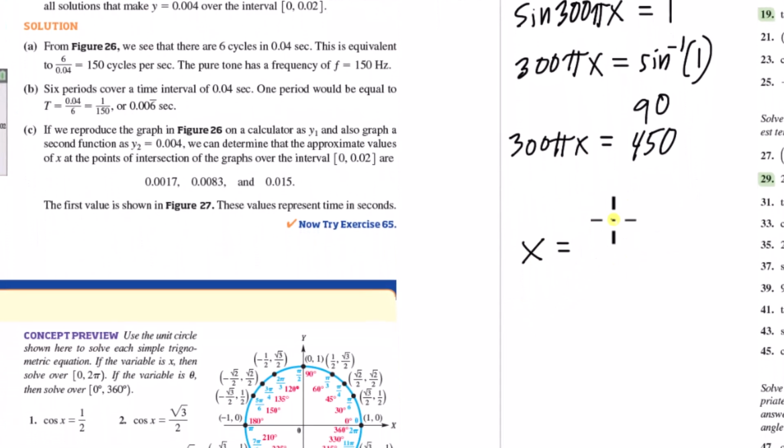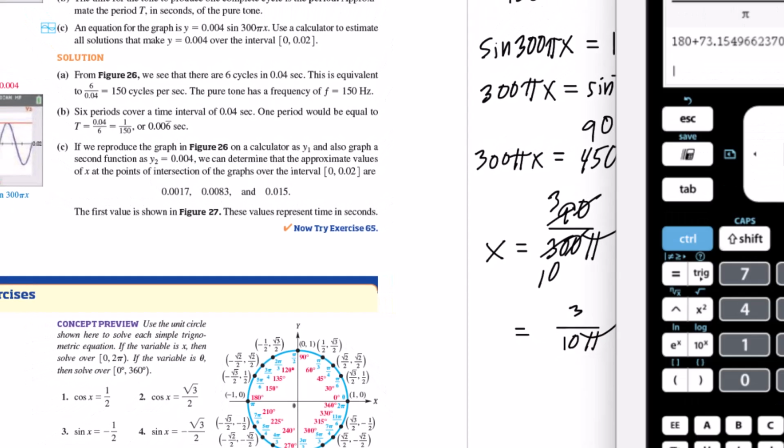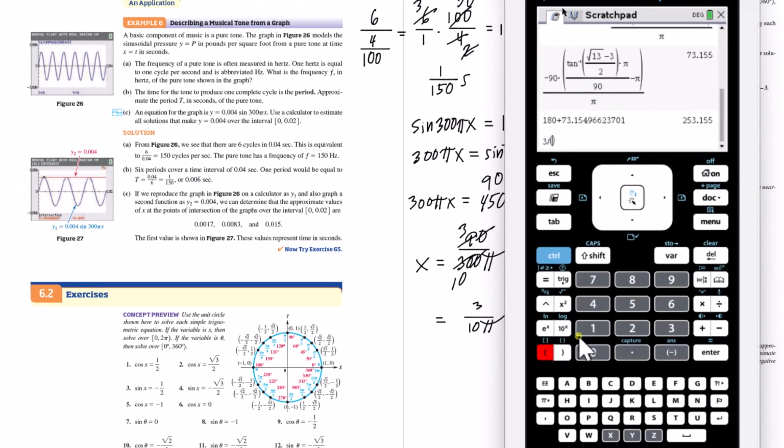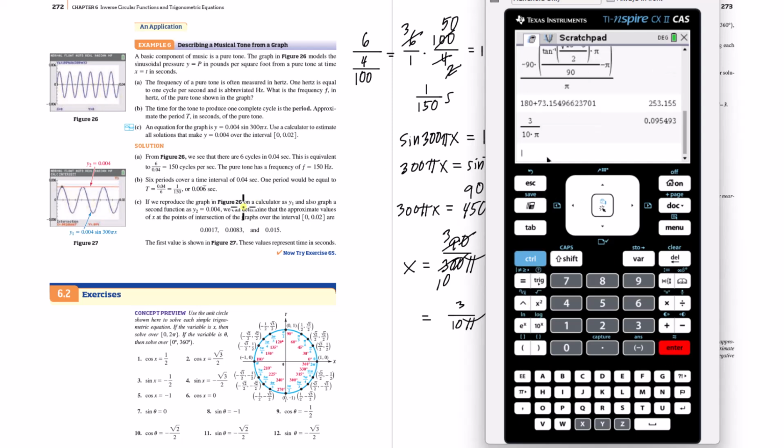If we're using 90, you get 90 over 300 pi, so that's 9 divided by 3, 30 divided by 3, that's 3 over 10 pi. And what is that? .095. And no, that's not within the domain of what we're looking for.